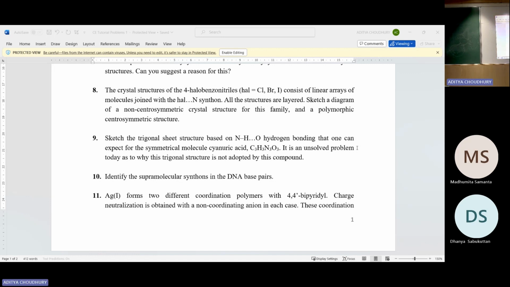Packing will be a problem. It forms a sheet, and the other sheet, I don't know how it goes. That kind of packing may be a problem. The second reason is that, depending on the solvent you use, it may give rise to different polymorphic modifications, different phases.